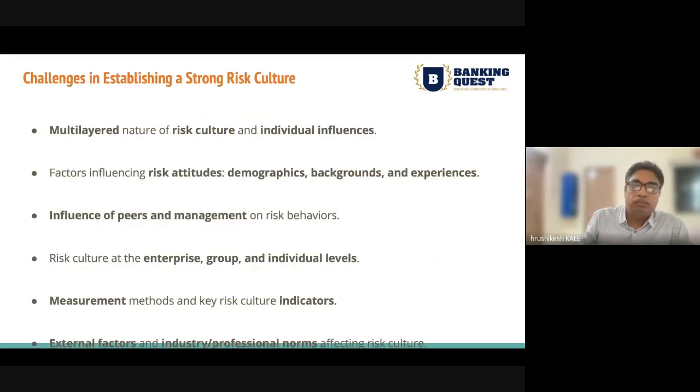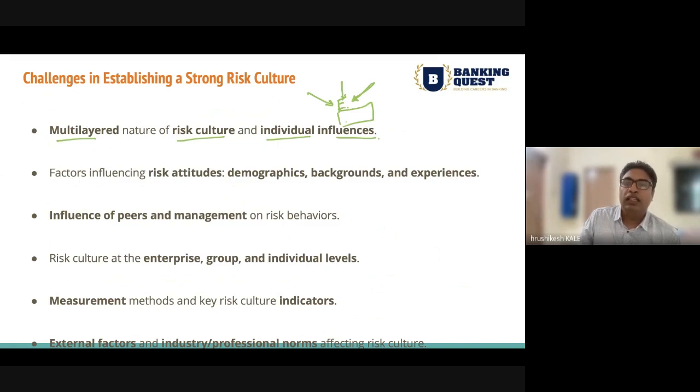Okay. Multi-layer nature of risk culture and individual influences. These are the challenges. Let's say there is an employee. He doesn't have a single boss. There will be three bosses who will ask him to prepare three different reports.